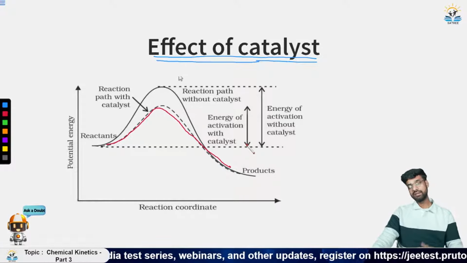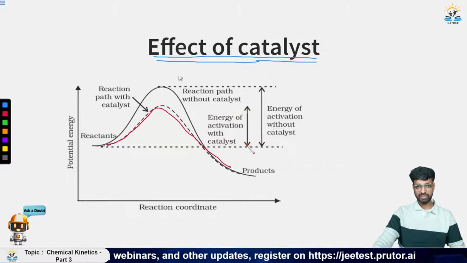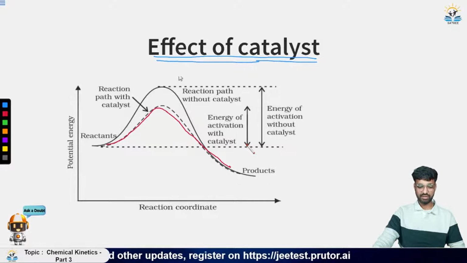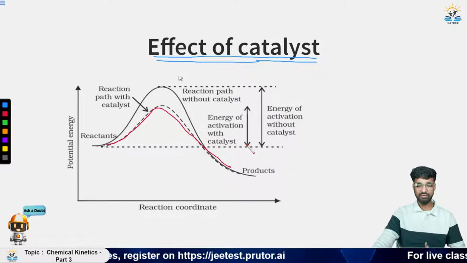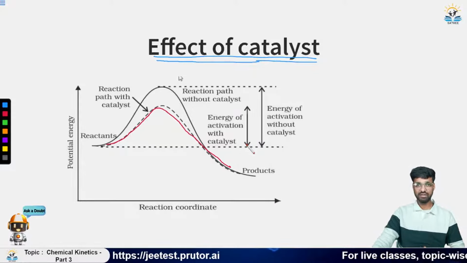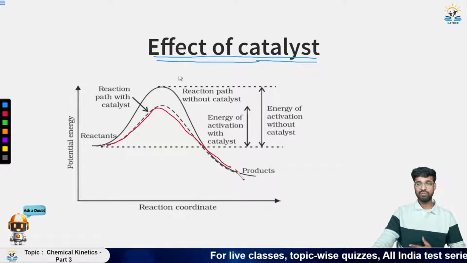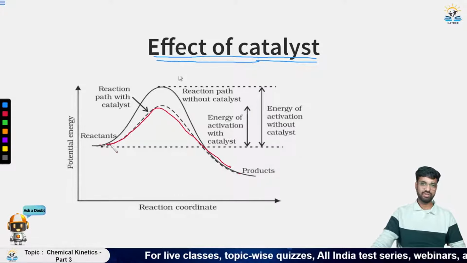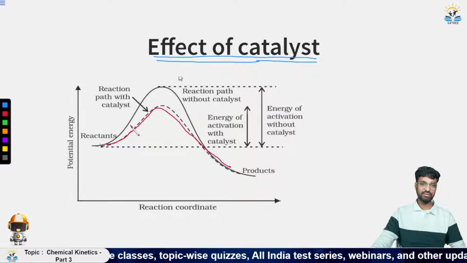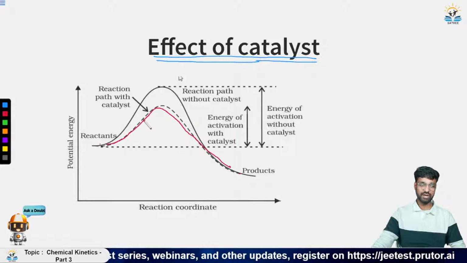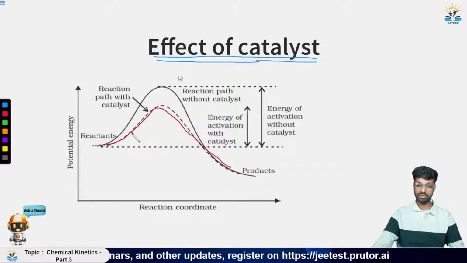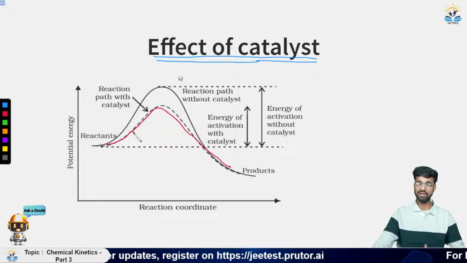Now to make reading this energy diagram easier, consider in your mind that we are riding a cycle and we have to go from this point to this point, and we want to make it easier and easier. If you cycle from here, then you have to paddle more to move to this part, rather than taking an easier path, which is the lower one, where you have to travel a path having less slope.